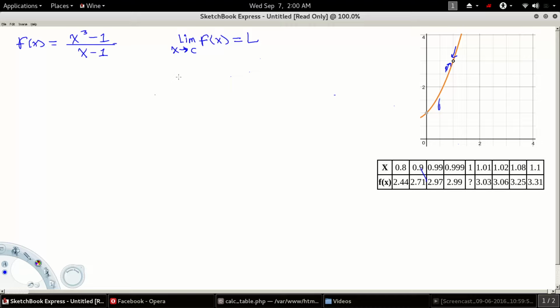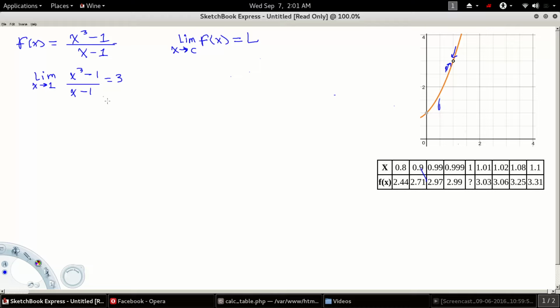Okay, so for our specific example, we can say the limit of x cubed minus 1 divided by x minus 1 as x approaches 1 is equal to 3.